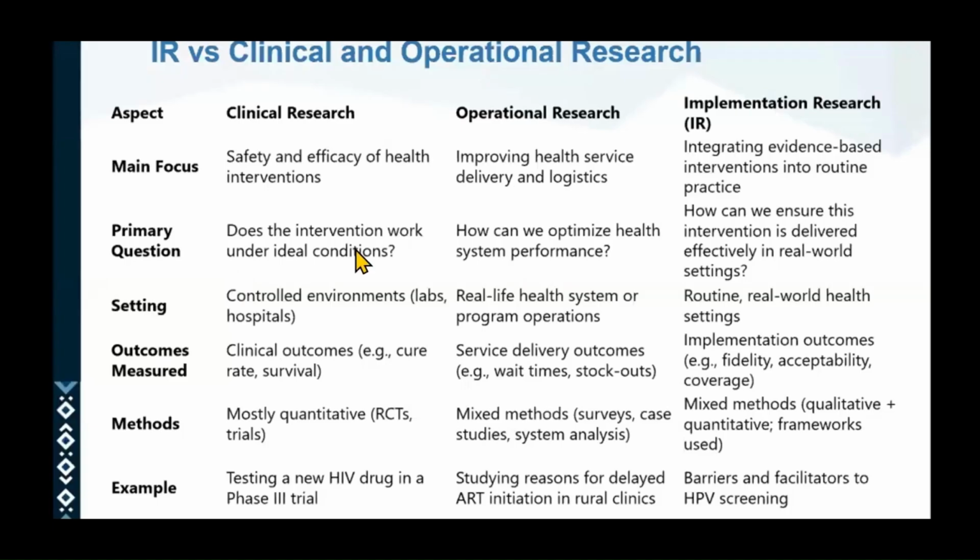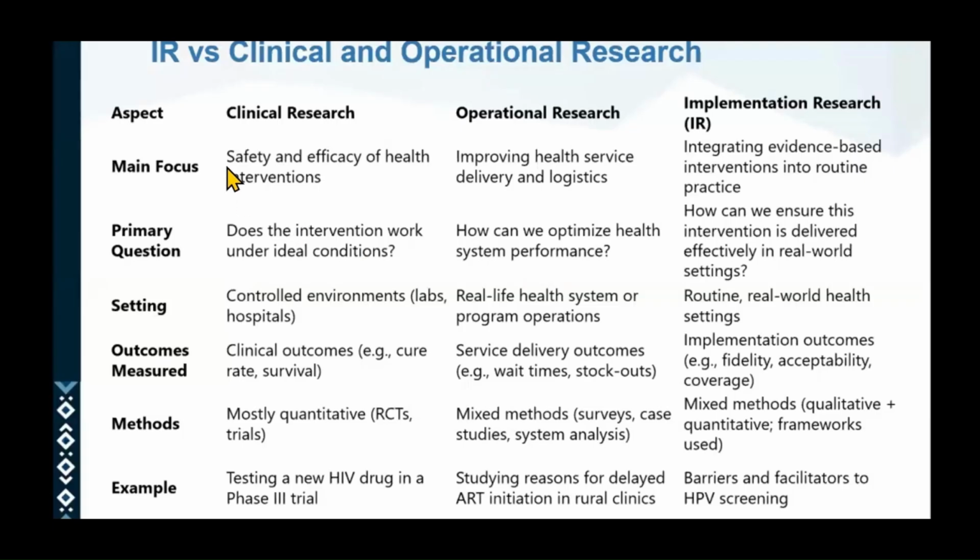For us to know the main difference between clinical research and operational research, we have to know what the main focus is. We know that clinical research will focus mostly on safety and efficacy of a health intervention. And operational research will focus on improving the health service or the logistics of a health intervention. Whereas implementation research will focus on integrating our evidence-based intervention into routine practice.